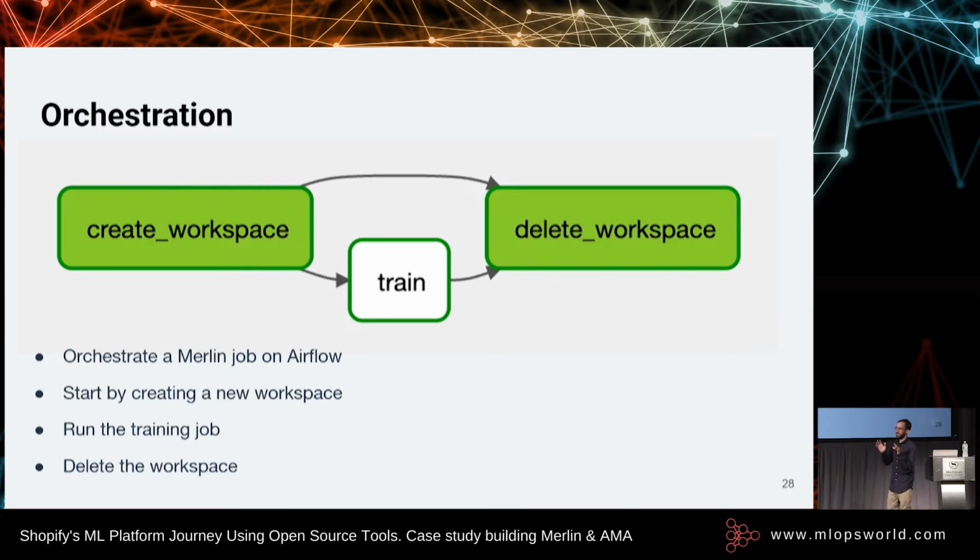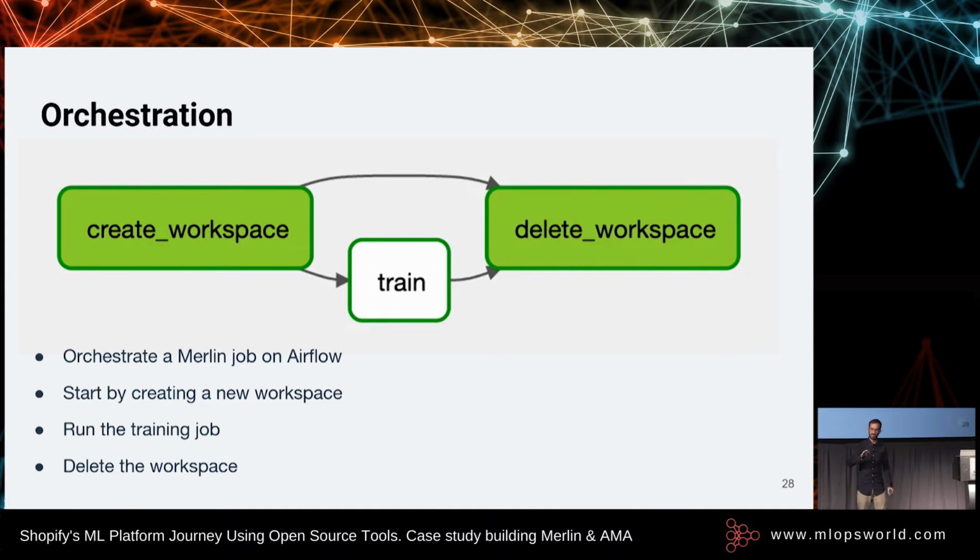Once the user is done and productizes their code, they can go ahead and start to orchestrate what they created. This is an example of a very, very simple Airflow DAG, where we start by creating the workspace for the work, go into the training phase, and then delete the workspace at the end.